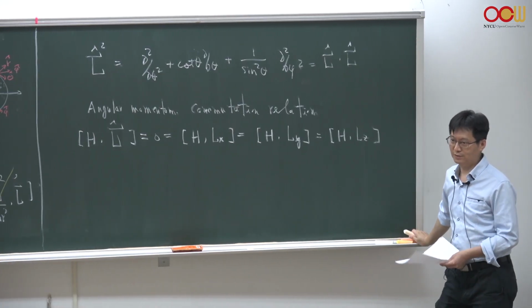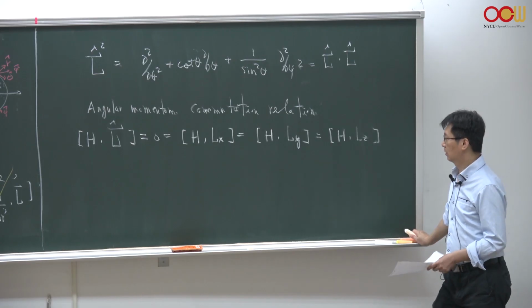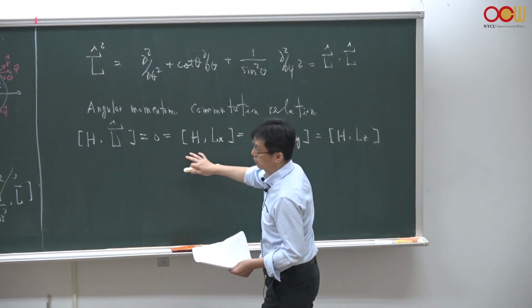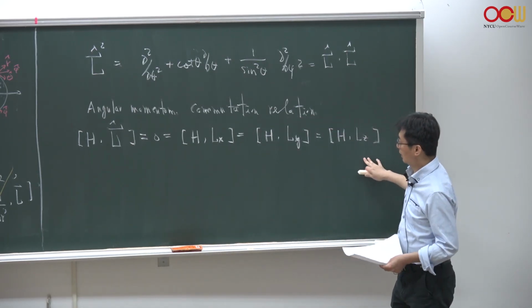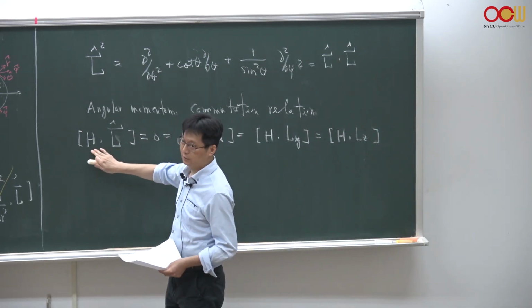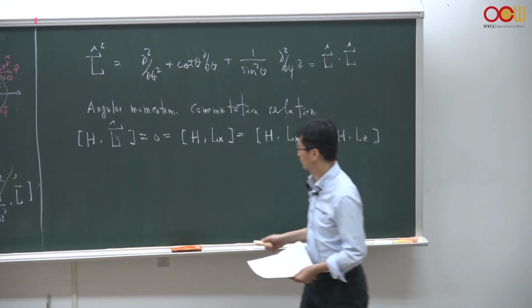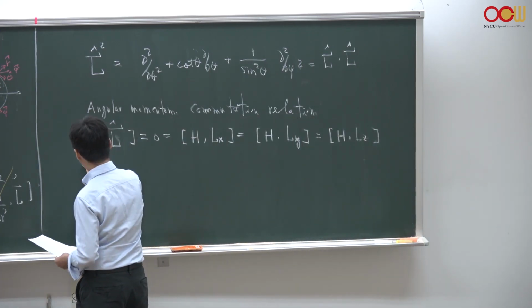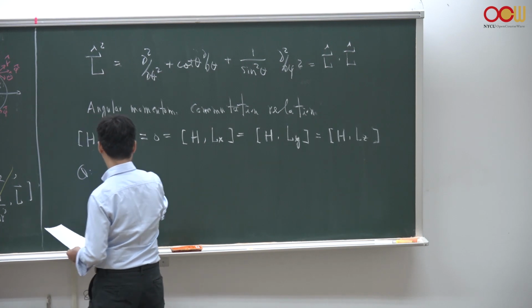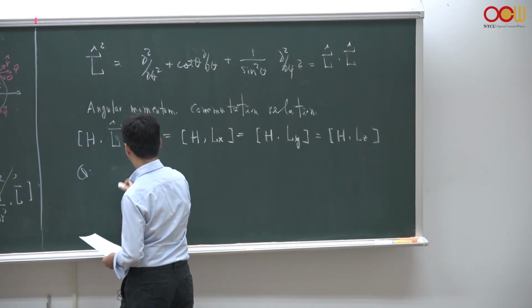So this reminds us of the commuting set. Whether all these three components of the angular momentum operator, and also L square, and also the Hamiltonian, form a commuting set. Okay, so the very important question is this: do they form a commuting set or not?